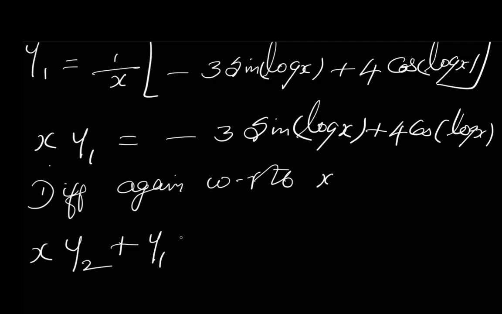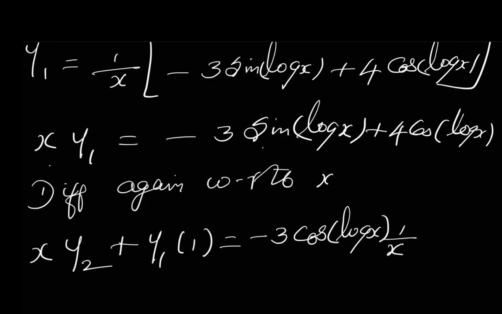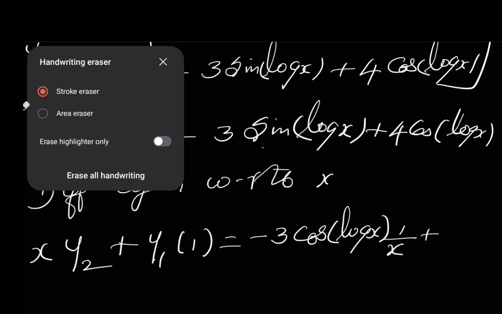Keep y1 constant, differentiate x, you will get 1. Now differentiate the right side, minus 3 sin, so cos log x. Then differentiate log x, you will get 1 by x, plus 4 constant, differentiate cos, you will get minus sin.